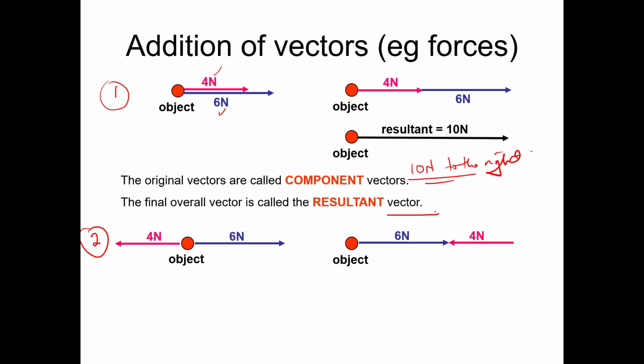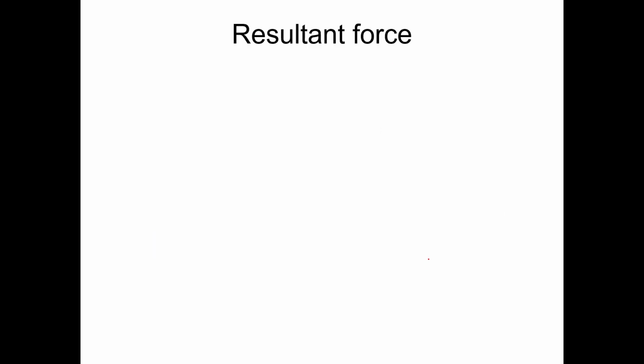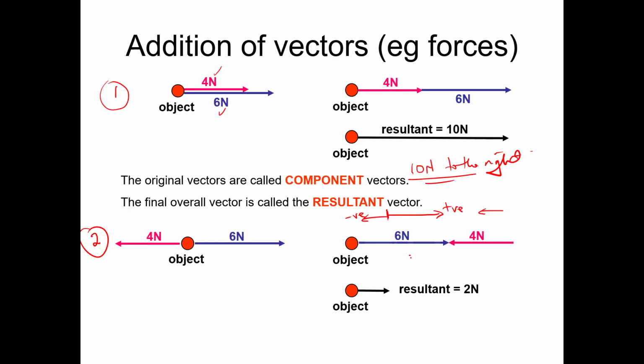You know that when we go on this side, we have the positive, and when we go on the other side, we have the negative, for example on the number line. So it is the same as having 6 newtons minus 4 newtons, and the answer will be 2 newtons to the right.